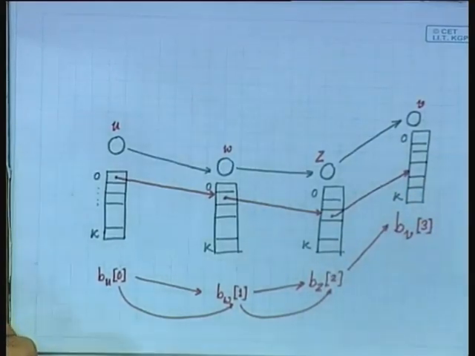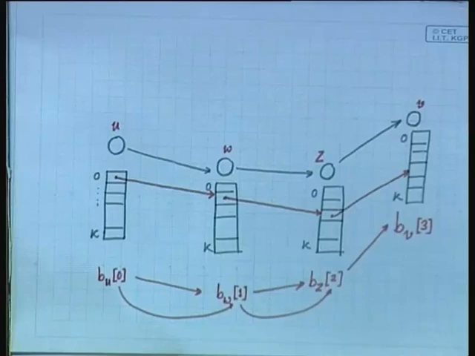This is how the packets are routed. Is that clear? At the source it starts, it is put into buffer 0, and then with every hop it jumps by one index.